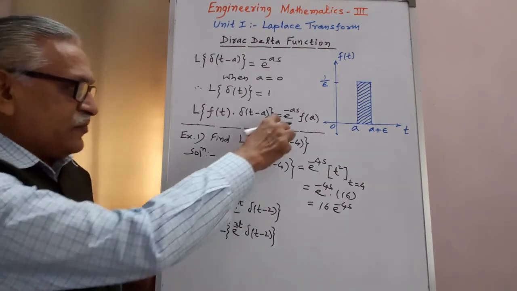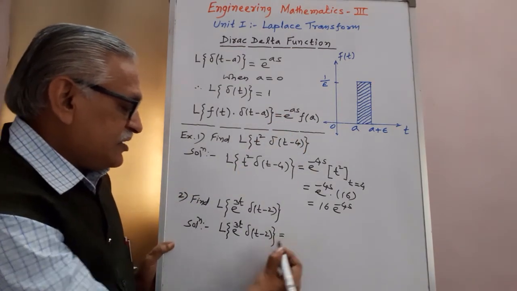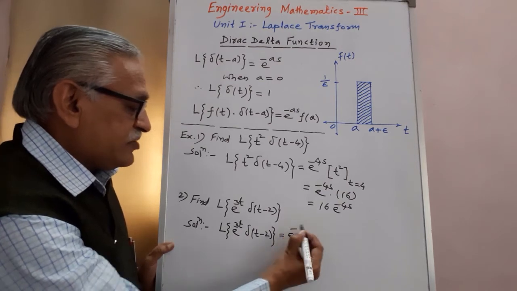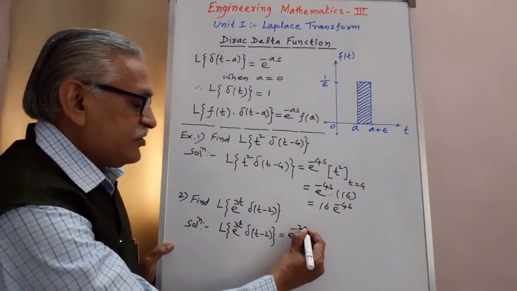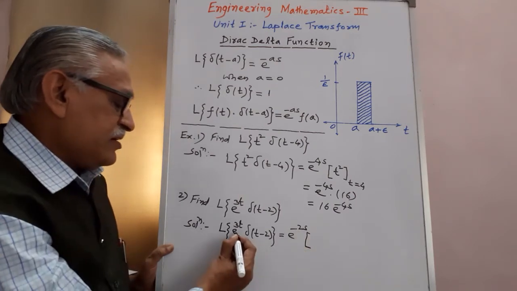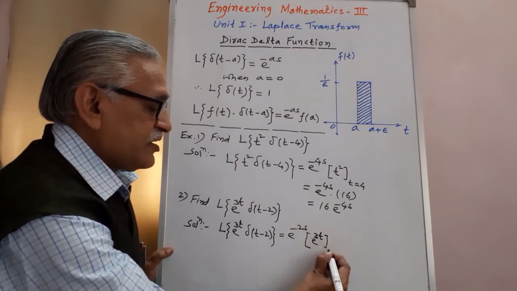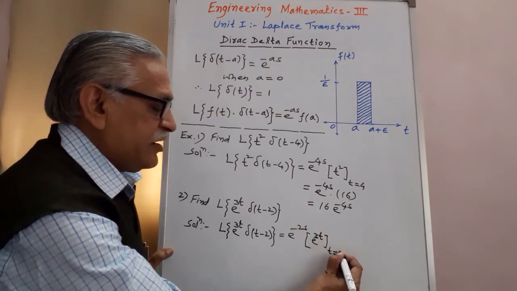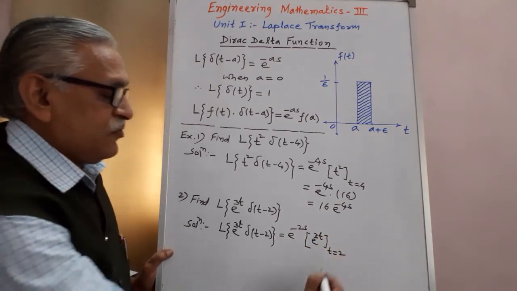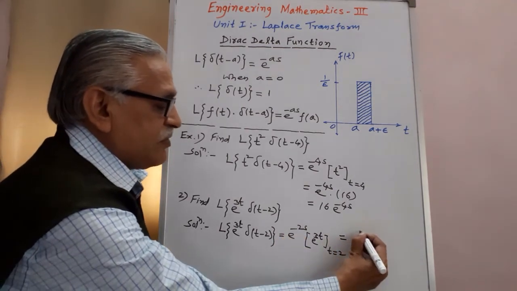Therefore, I am using this one first. As per this, it is e raised to minus as, a is here 2, therefore e raised to minus 2s into f of a, here f of t is e raised to 3t at t equals a, which is here 2.